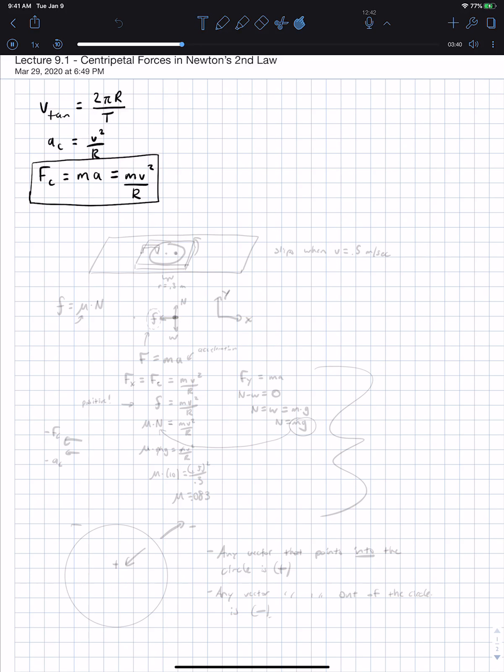Our first problem is something we've done before. The first thing we're going to talk about is things that are moving in horizontal circles. For example, something that would be moving horizontally is maybe a turntable.